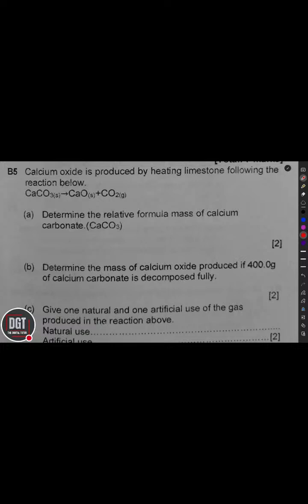Are you able to see the questions? Once more, are you able to see the first question? Okay, so the first question, we can start then.